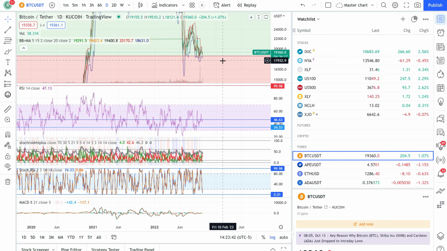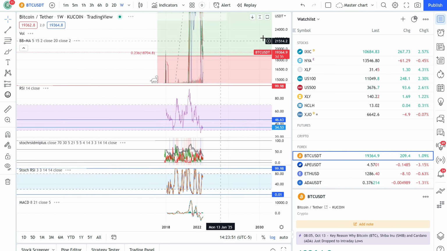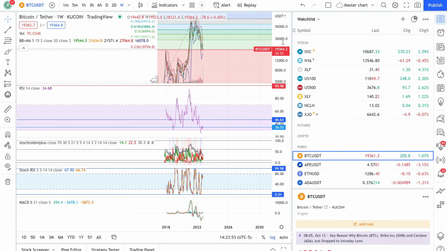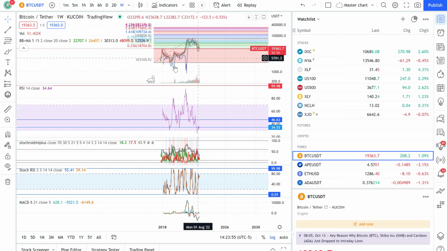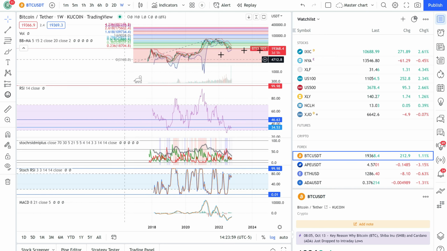very accurate support line since the beginning. If you look at the weekly, I drew it up from the weekly from 3,500, basically this area here, 3,160.